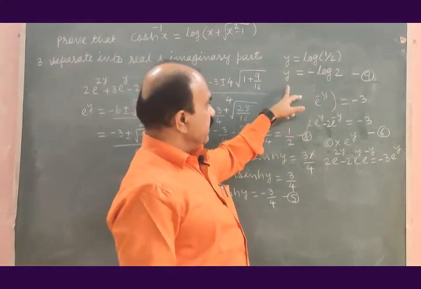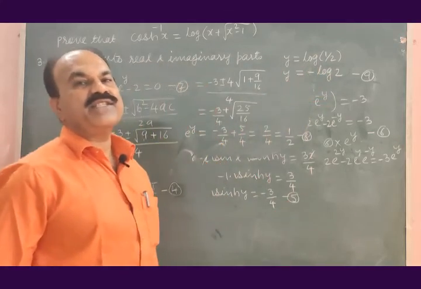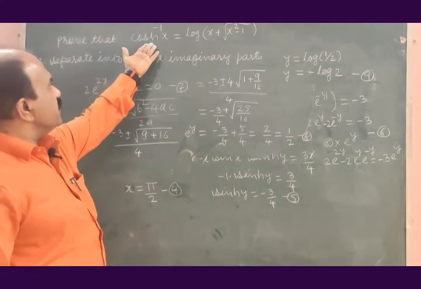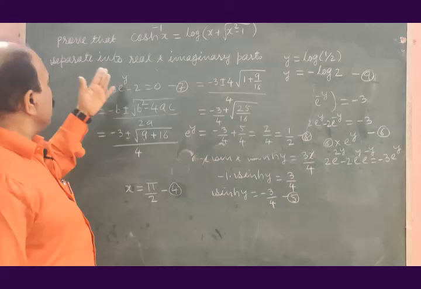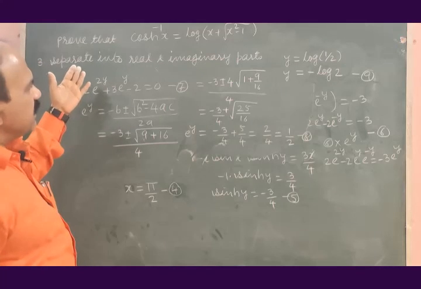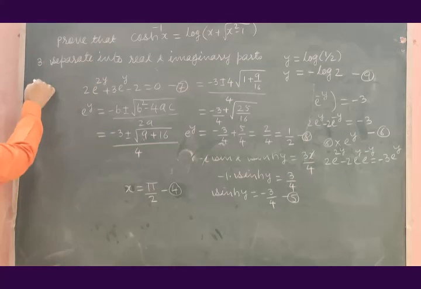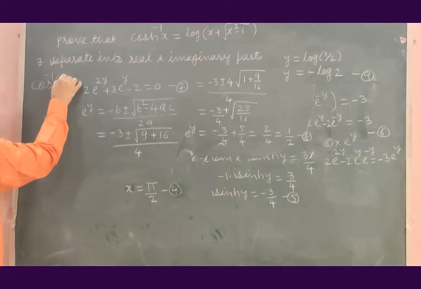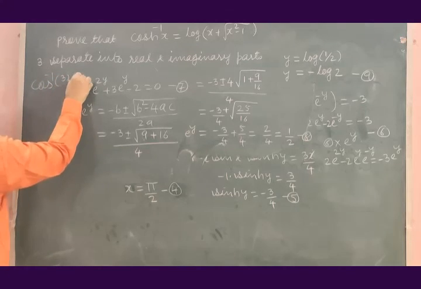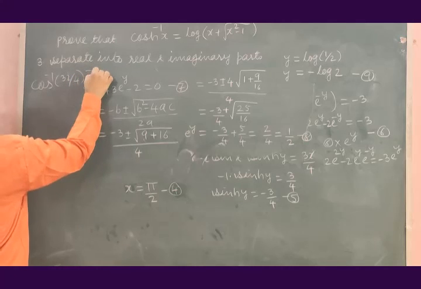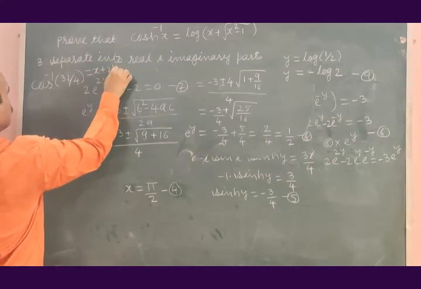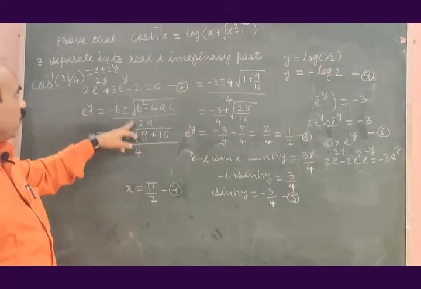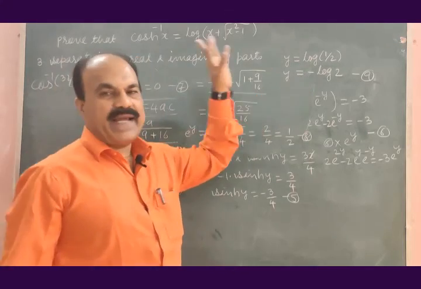See equation 9, y is equal to minus log 2. What was the equation? It was cos inverse of 3i by 4. We have considered this equal to x plus iy. We found x equal to pi by 2, y is equal to minus log 2.